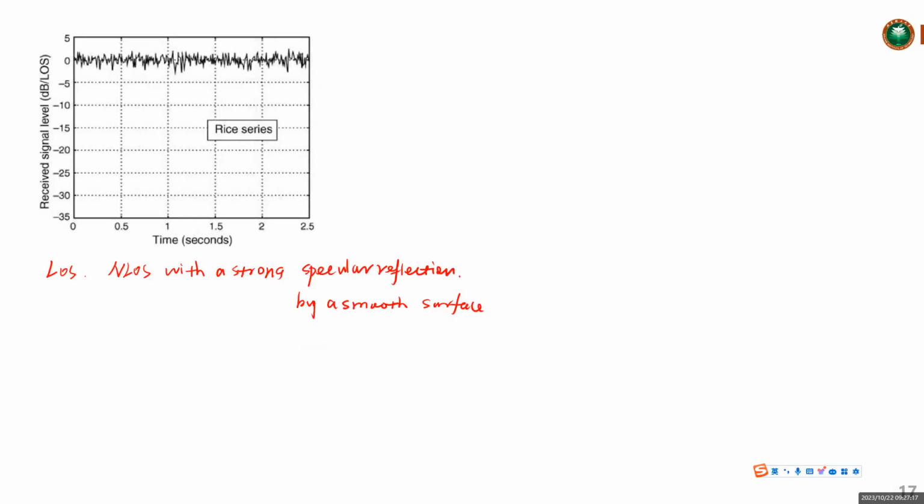We can say its received signal level varies with respect to time, like this one, okay? There are also some fluctuations, and this kind of signal can be modeled by a Rice distribution. So we could call such cases the Rice case.